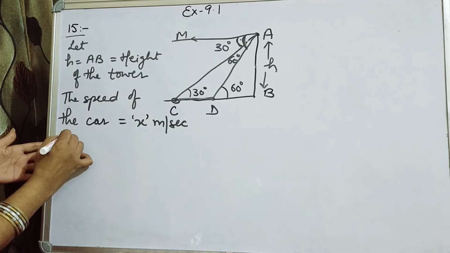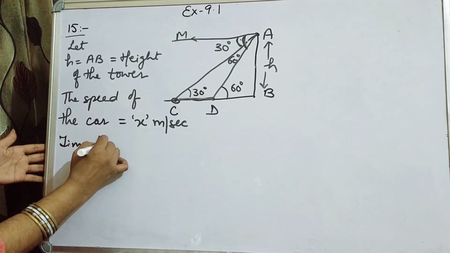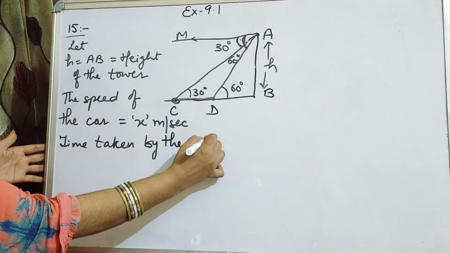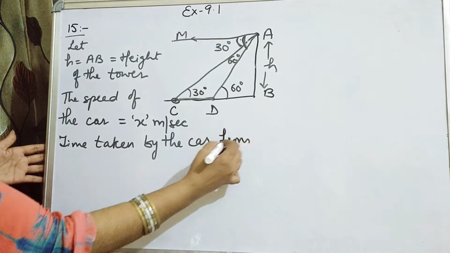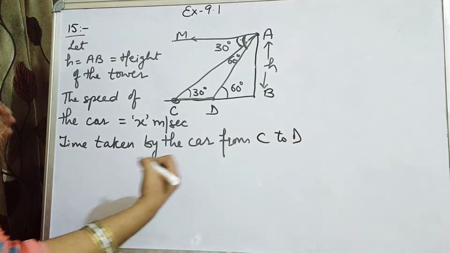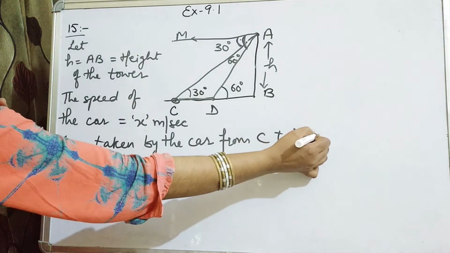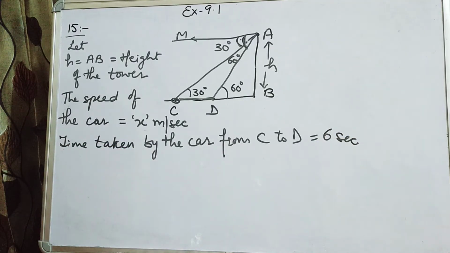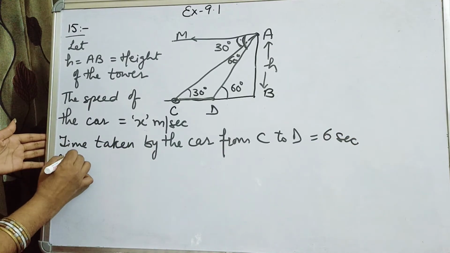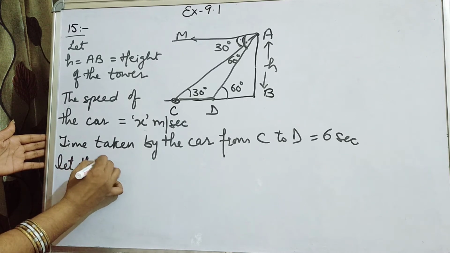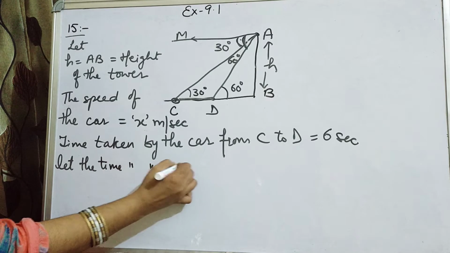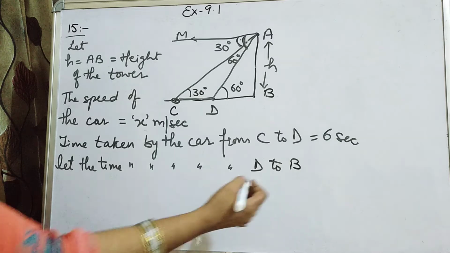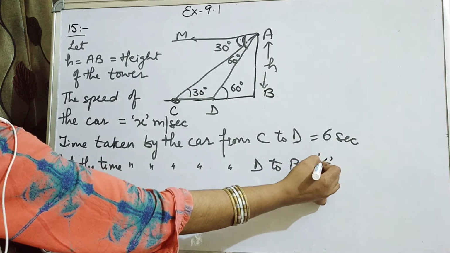The time taken by the car from C to D is 6 seconds, which is given in the question. Again, let the time taken by the car from point D to B be T seconds.